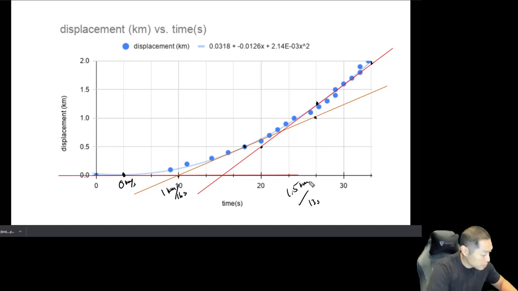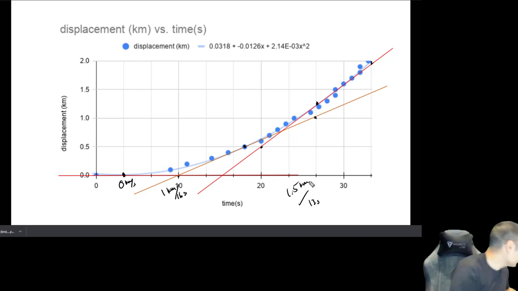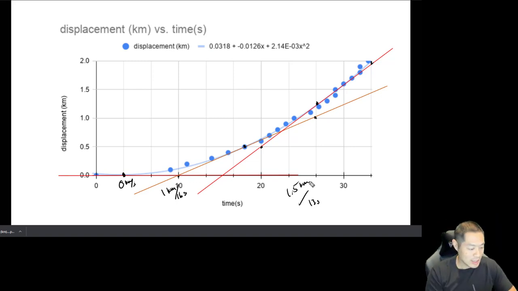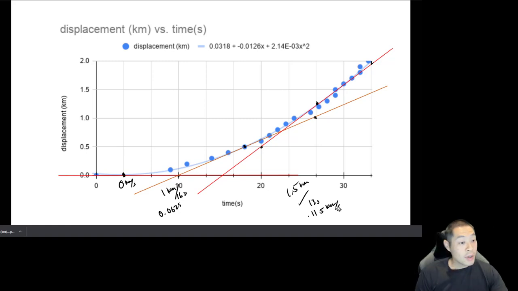So if I grab my phone, 1 divided by 16 is about 0.0625. 1.5 divided by 13 gives me 0.115. Okay, so it makes sense. It's going from 0 to 0.0625 to 0.115 kilometers per second.